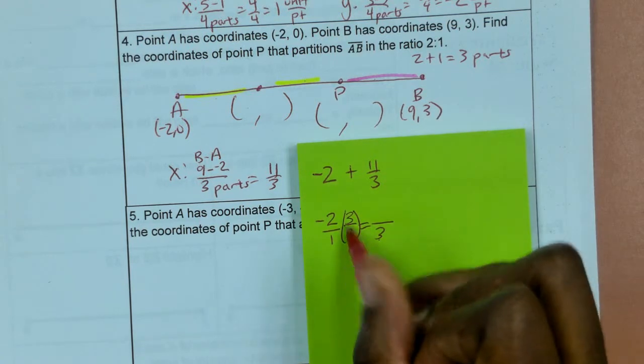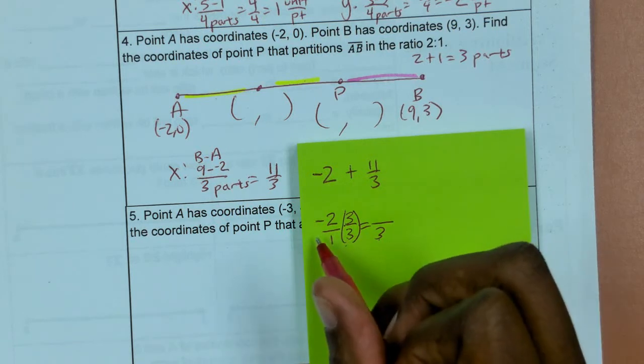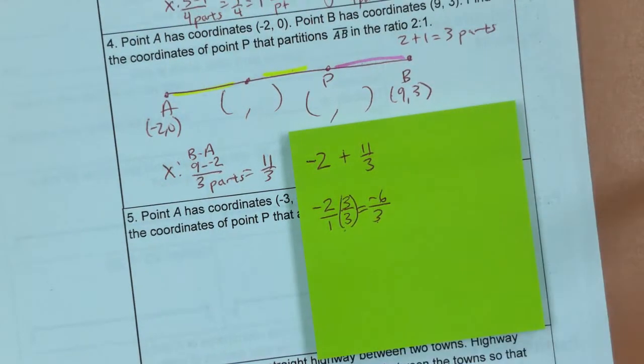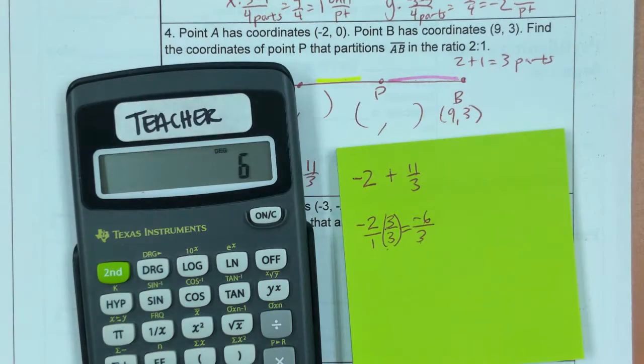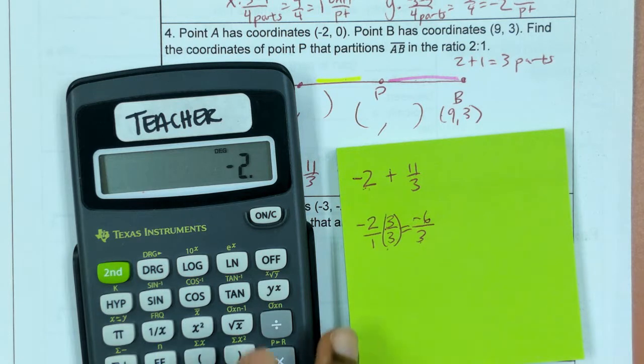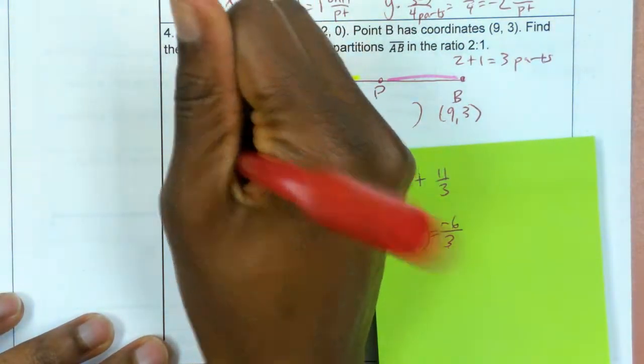If we multiply by 3 over 3, we're really multiplying by 1, so we're not actually changing the value of negative 2, we're just changing the way that it's written. So negative 2 times 3 is negative 6. If you weren't sure, you would just do negative 6 divided by 3 and make sure that it gives you the negative 2 that you originally wanted to start with. So another way to write negative 2 would be negative 6/3.